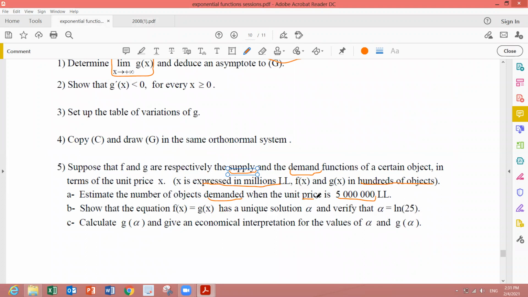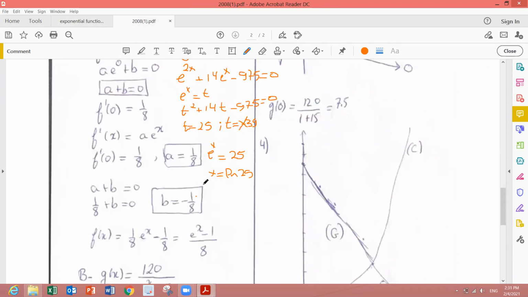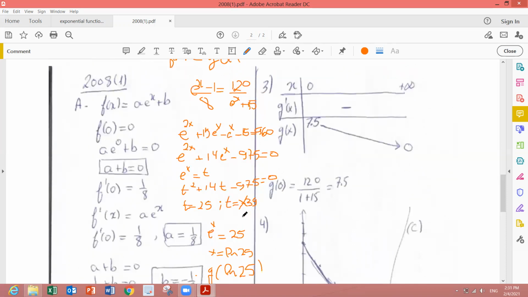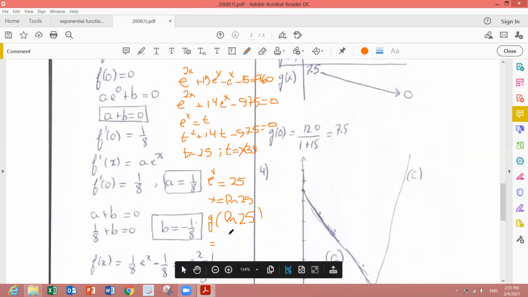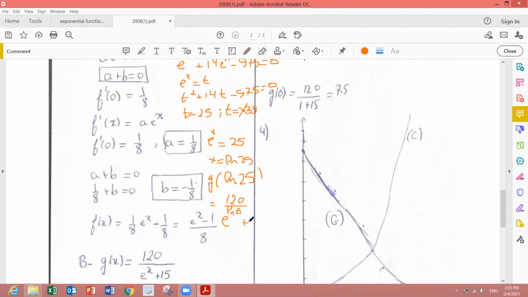G alpha is g of ln 25, which equals 120 over e to the power ln 25 plus 15. We get 3.